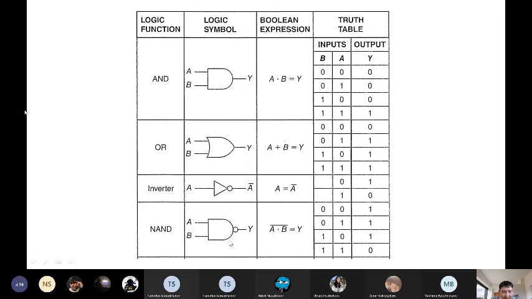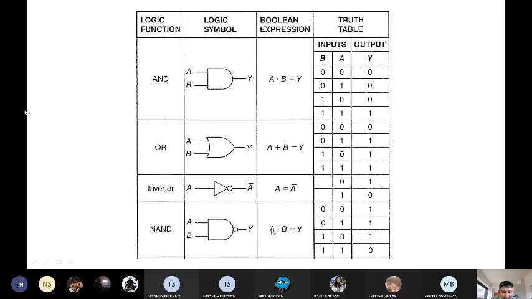NAND is similar to the AND, but here we add a bubble. It means that we invert the AND and we get NAND. So it's the Boolean expression. You can see A and B, and we have this long over bar.